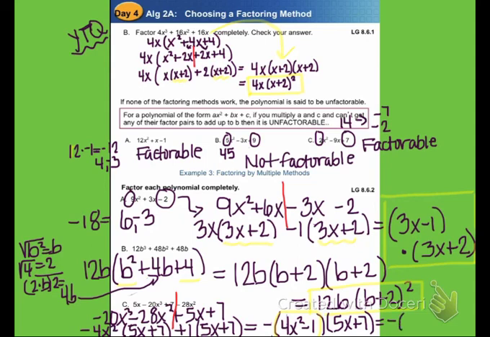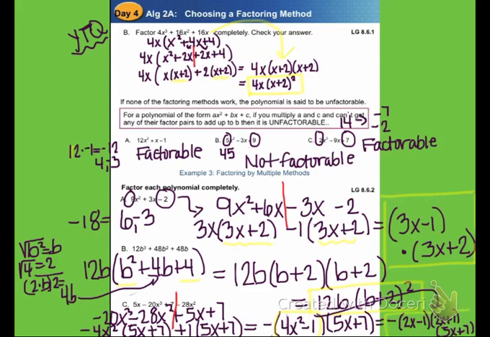They just differ by sign, and they both would be 2x and 1, so one would be 2x minus 1, one would be 2x plus 1, and of course we also have that 5x plus 7. So we broke down the difference of squares to get that, and there's our final factored form.